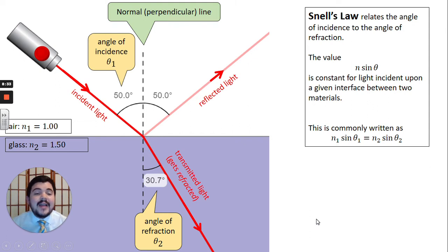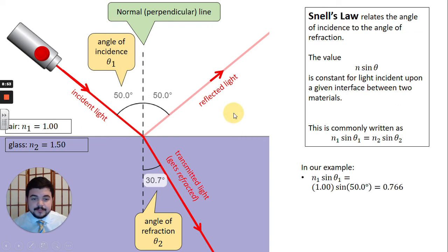Snell's law is more commonly written this way, where n1 sine theta 1 is equal to n2 sine theta 2, where the n's are the indices of refraction of our two mediums, and the thetas are the incidence and refraction angle respectively, measured relative to the normal.